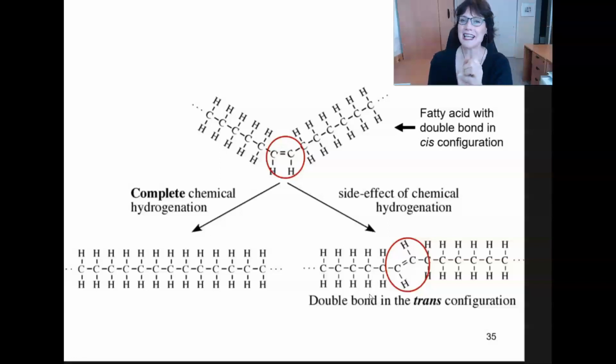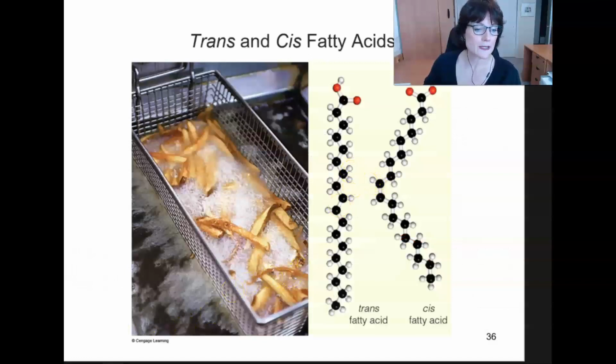Oh yeah, they are a serious health concern. It causes things like coronary heart disease. So here is a more three-dimensional structure of the unsaturated fatty acids that have the hydrogens in cis, versus the hydrogens, here's the double bond, in trans.